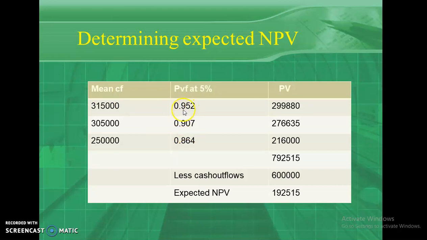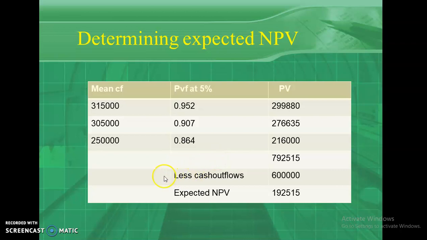For the first year, 0.952 is the PVF at 5% for 1 year. You take that and multiply it with the mean cash flows, and you get the present value. For the second period, 0.907, multiply it, and you get the present value of cash flows. The third period you can calculate like this too, multiplying with the mean cash flows, and you get the PV. You find the sum of these, that is the present value of cash inflows.